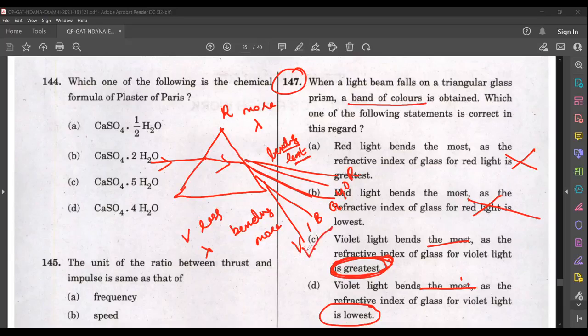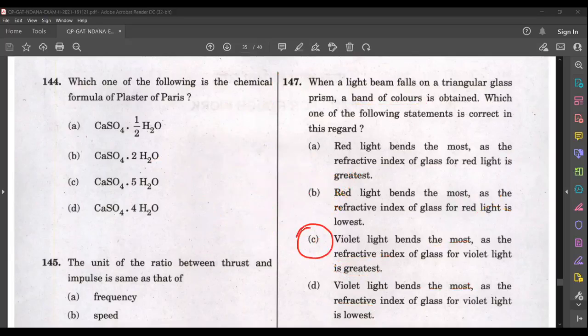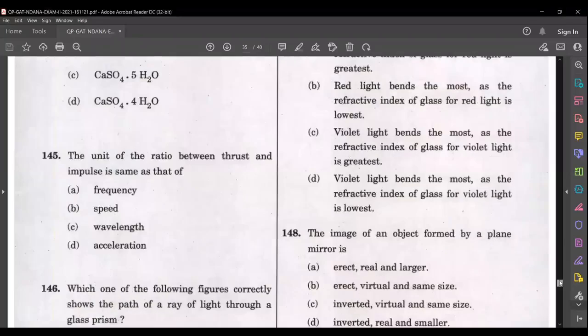So the answer is option C: violet light bends the most as the refractive index of the glass for violet light is the greatest. So the answer is option C. Moving to the next question.